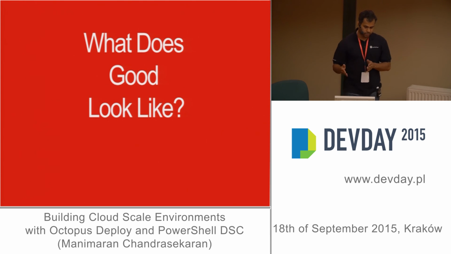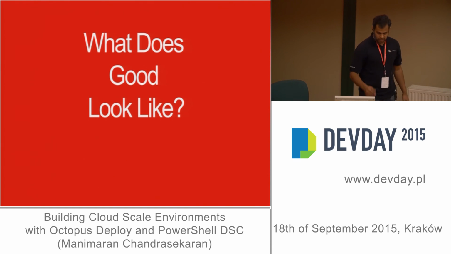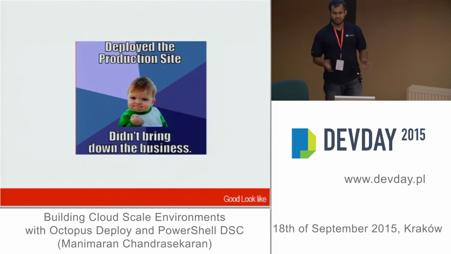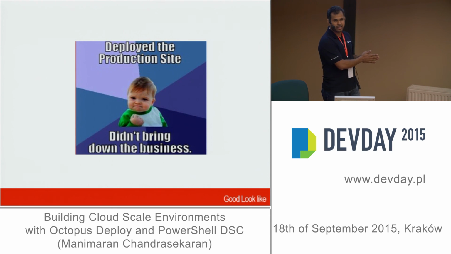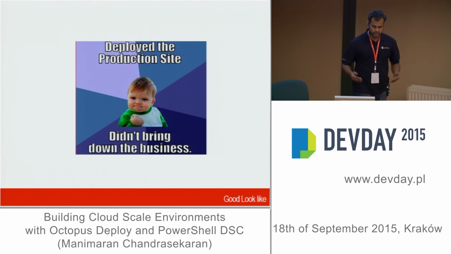So after doing all this, what does good look like? This is what we want, right? You deploy to a production site, but you don't bring the business down. If you're taking a website down for a deployment of code, a simple change or fix, then you need to start looking into your digital pipeline and what's making you do that.